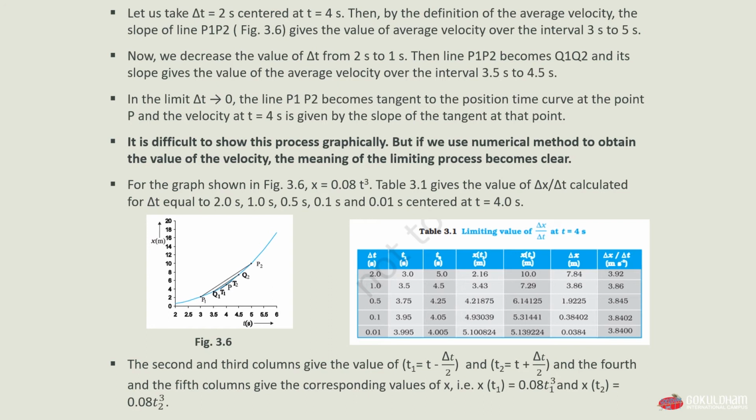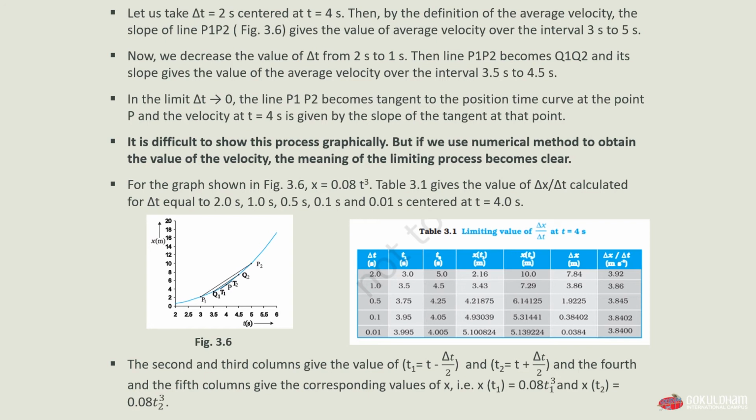Means in each case we are decreasing the value of delta t, and the time instant that we are using is 4 seconds. The time interval delta t is our first column, which is 2 seconds, 1 second, 0.5 second, 0.1 second and 0.01 second.